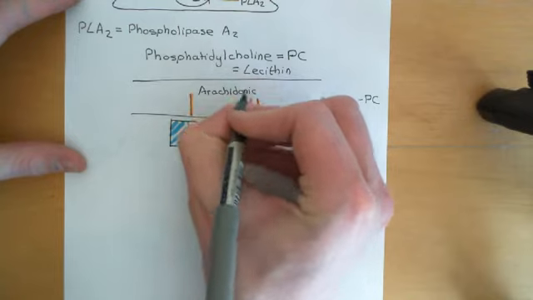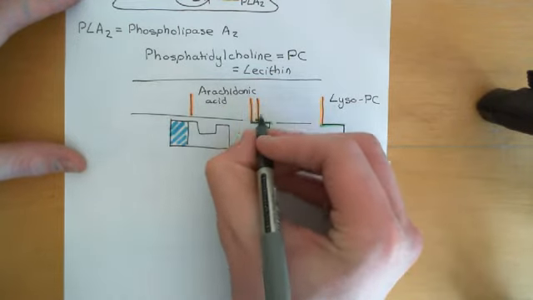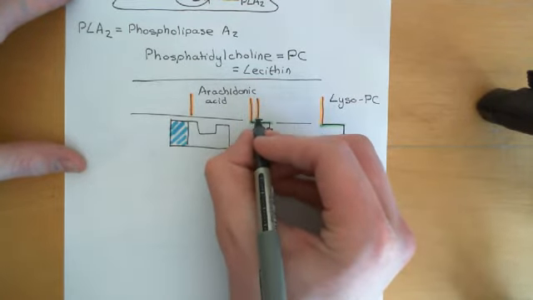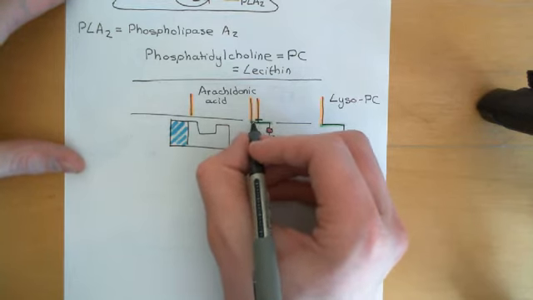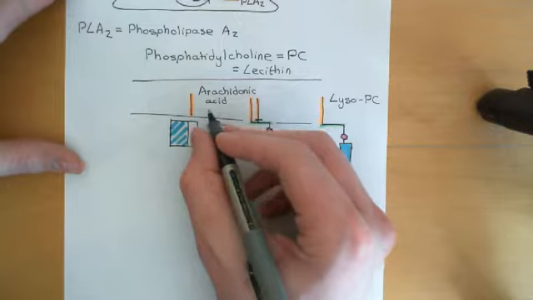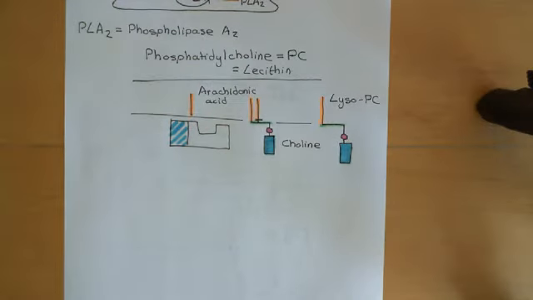Let's say that this phosphatidyl choline molecule here just so happened to have an arachidonic acid molecule in position 2 here, and when we cleave it apart like so, we produce some arachidonic acid as one of the products. And it's this arachidonic acid that is now going to be used by other enzymes to produce prostaglandin I2.